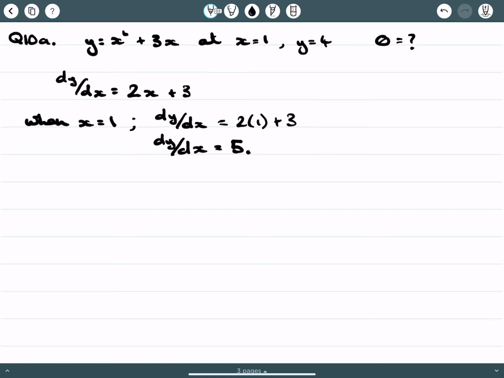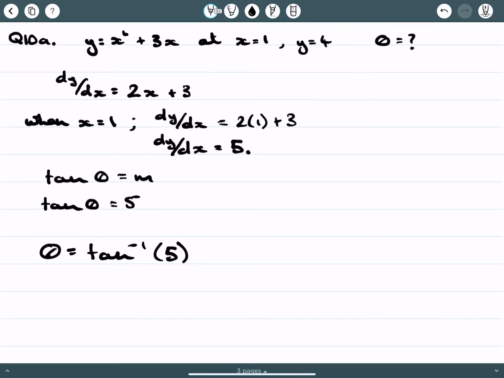And then I'm going to use my equation here where tan theta equals m. This is saying tan theta equals 5. And to be able to find theta, what I'm going to use is my inverse tan 5.